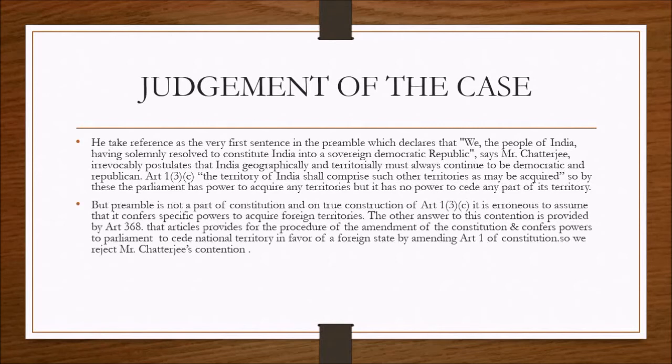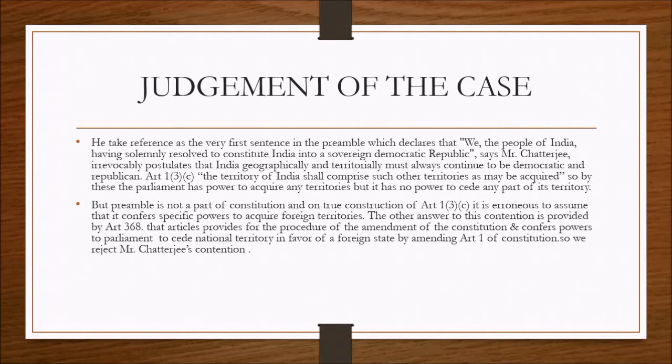But according to this case law, the preamble is not treated as a part of the Constitution. So we put the preamble aside and go to the construction of Article 1, Clause 3, Subclause C. It is erroneous to assume that it confers specific powers to acquire foreign territories. The other answer to this contention is provided by Article 368.